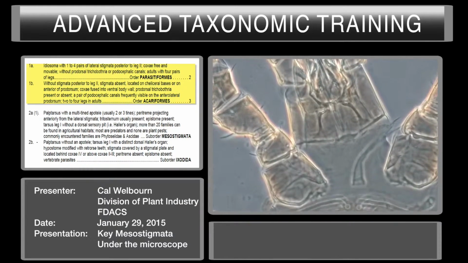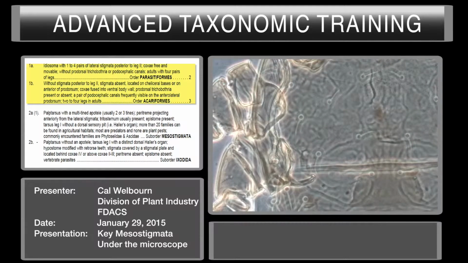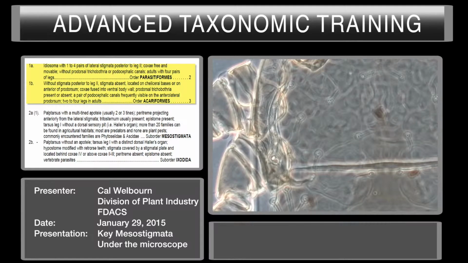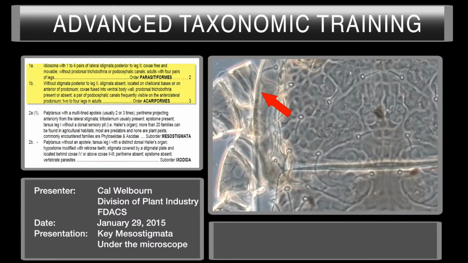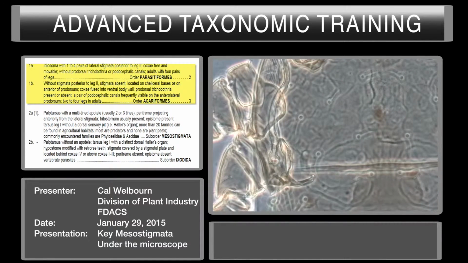So now we want to look lateral, and we're going to look for the lateral stigmata and paratremes. Focusing laterally, this is leg 2, leg 3, and we focus sort of lateral, almost ventral. Right here is your stigmata, and you see a trough going anteriorly.